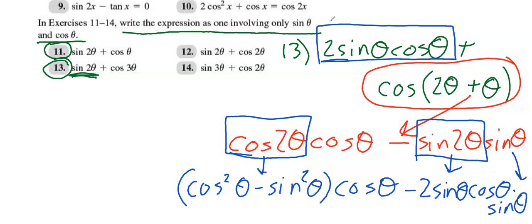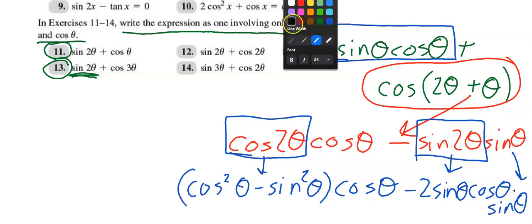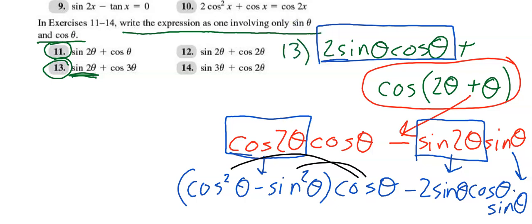Okay. Can we help ourselves and try to simplify this a little bit? I am going to ask you to distribute this and then add any like terms together that you have.